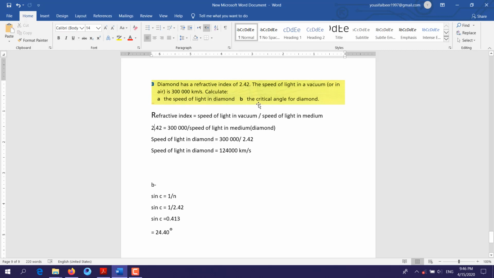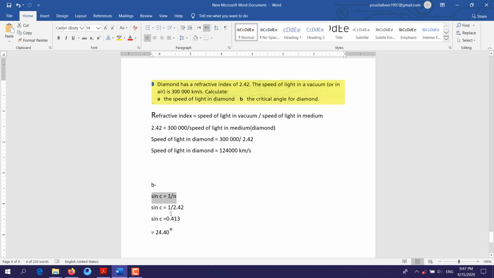B. Find the critical angle. Again, once you hear these two words, critical angle, directly you will use this formula: sine C equals 1 over n, where n is the refractive index, which is 2.42.